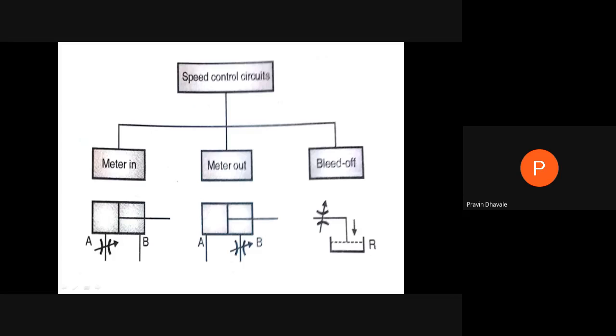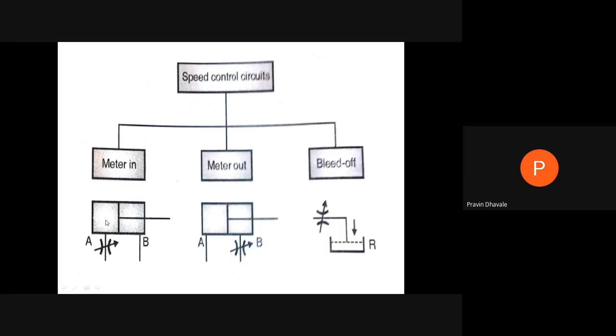As we discussed, as far as the meter in circuit is concerned, we are connecting or mounting the flow control valve at the inlet of the cylinder, toward the piston head end, and this will be the piston rod end. This is the piston; this part is the piston head, and this part is the piston rod.